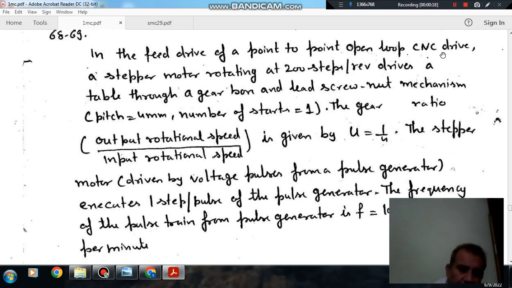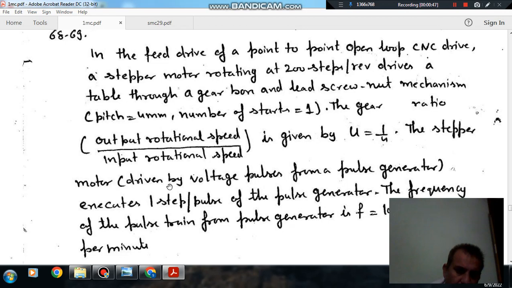The statement is: in the feed drive of a point to point open loop CNC drive, a stepper motor rotating at 200 steps per revolution drives a table through a gearbox and lead screw nut mechanism. Pitch is 4 mm, number of starts 1, and the gear ratio, output rotational speed divided by input rotational speed, is given by U = 1/4.